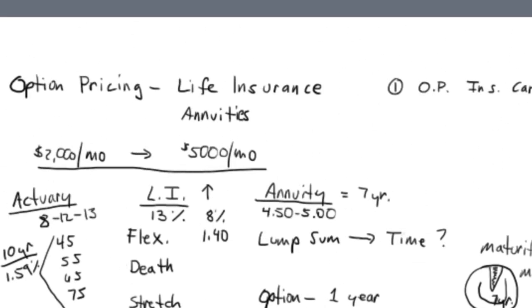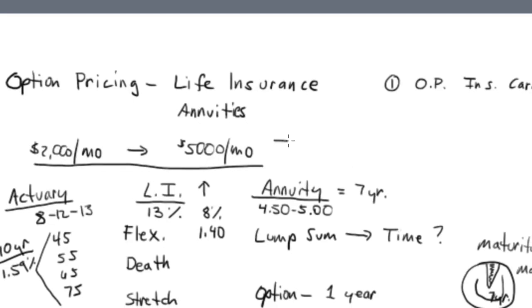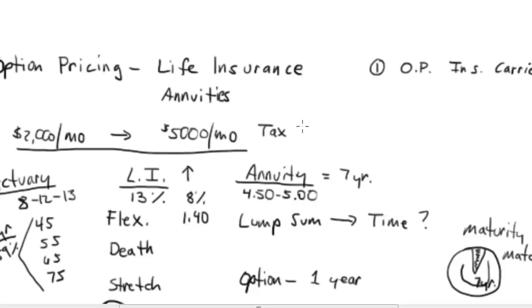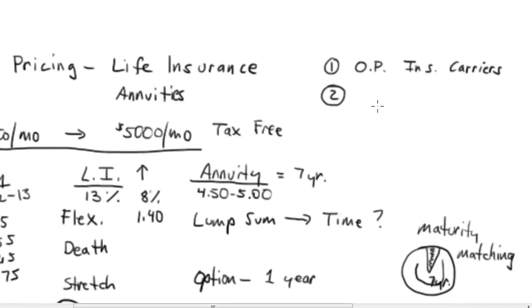So let's talk quickly about the tax-free component of this. Remember we said that this $5,000 a month is tax-free. Now there are 2 other videos you want to look at to really dive into why we're such a big fan of getting tax-free income. There's a video called Secret to Retirement Planning.